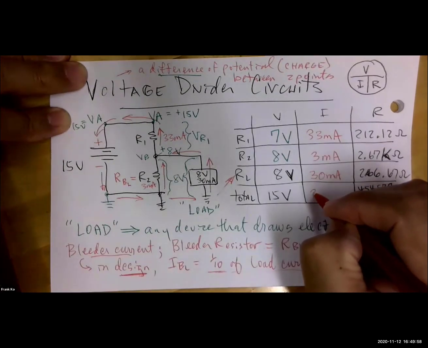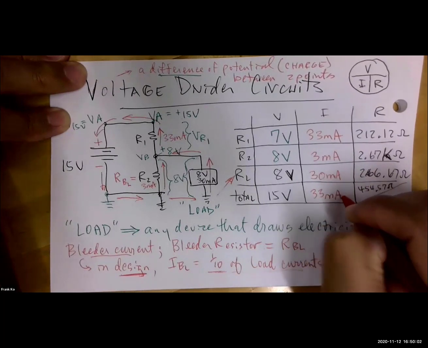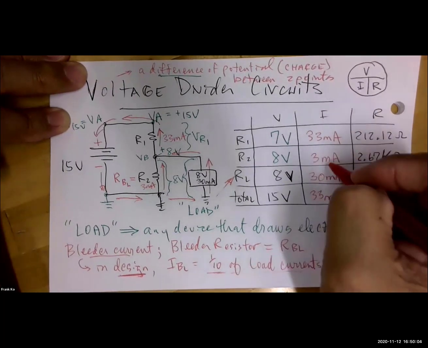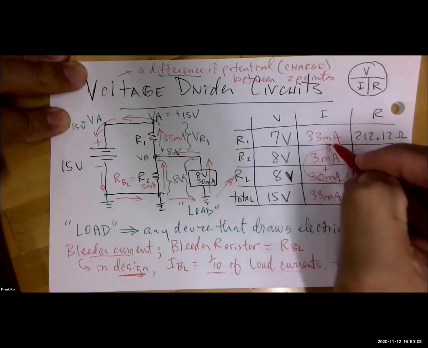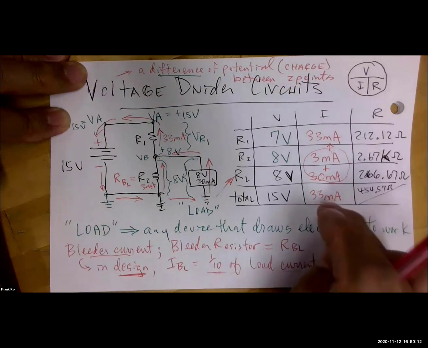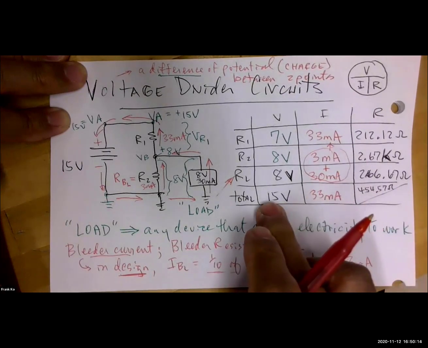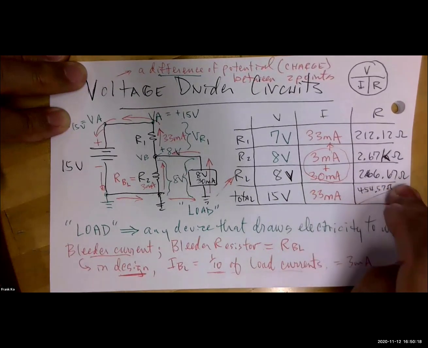So we should have 33 milliamps right here just by these two currents combining to give us the current through IR1, which is the total current. Once we have this, can we use Ohm's law to simply calculate ohms? That's why I drew a diagonal.